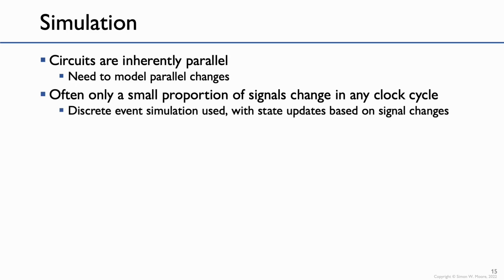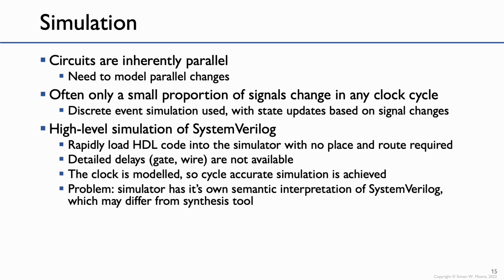However, typically only a small proportion of signals change every single clock cycle, so there's various optimizations that can be done within the simulator to ensure that only gates and other devices that have state changes actually get simulated on that clock cycle. And we tend to use a simulation approach called a discrete event simulation, where those updates are based on signal changes. We can actually simulate at different levels, as I mentioned earlier.